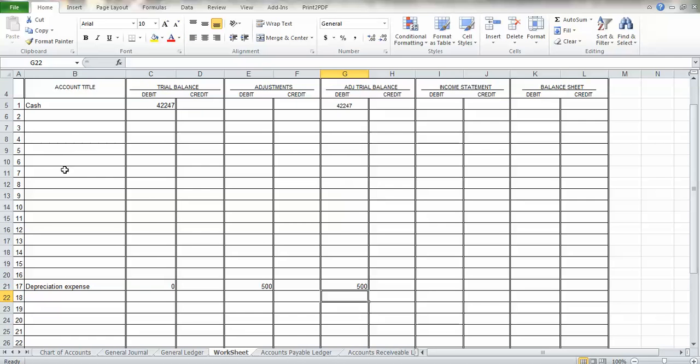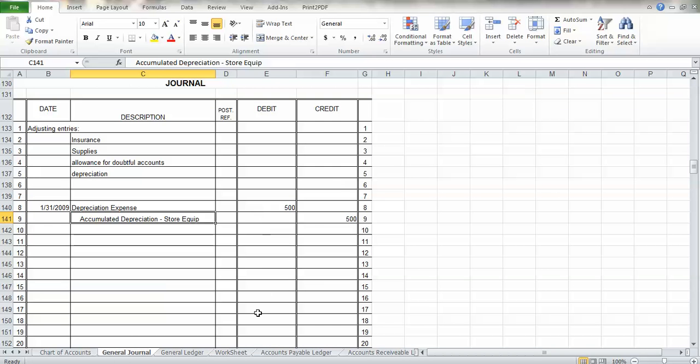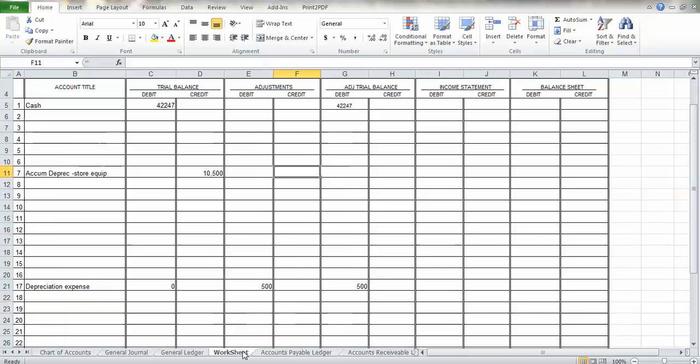So we would go down here till we found accumulated depreciation, store equipment, and we see that the balance was 10,500, and our adjusting entry from the journal was a credit of $500. So the credit amount is $500. So what is our new adjusted balance? Well, it's a credit balance plus a credit adjustment, so that would be 11,000.